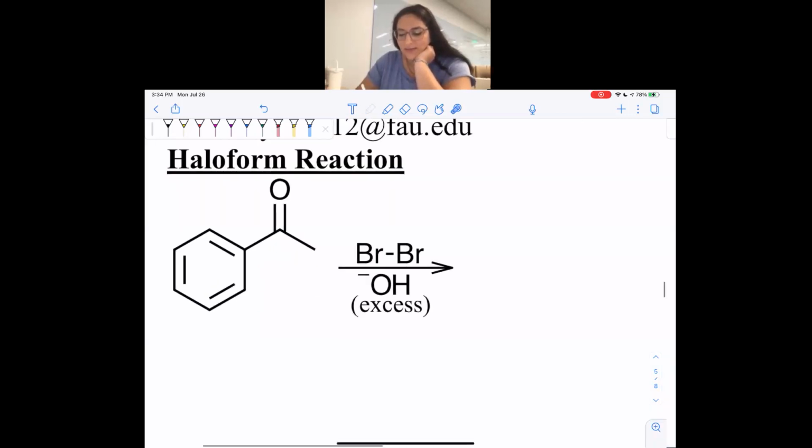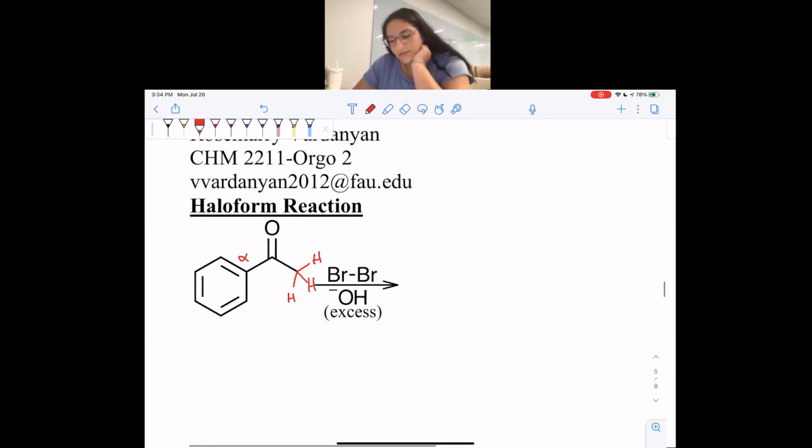In this example, this alpha carbon has no hydrogens, so we only have one side available. Or what if we have something like this, where both sides are exactly the same, but we have 3 hydrogens available? Well, that takes us to our haloform reaction.